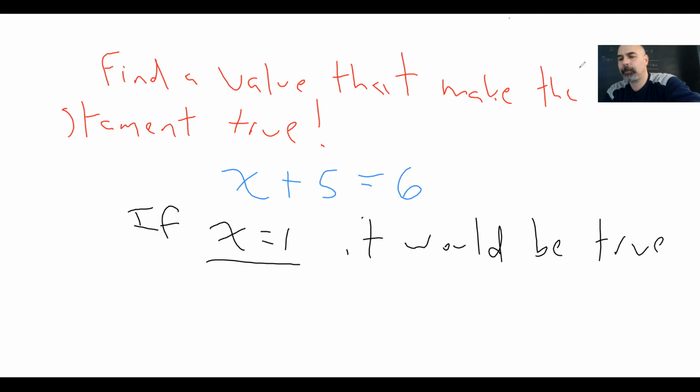Now, I think most of us can look at this and say, yeah, that makes sense, right? But how do we do this, and how do we continue to expand upon this with these really complex equations?